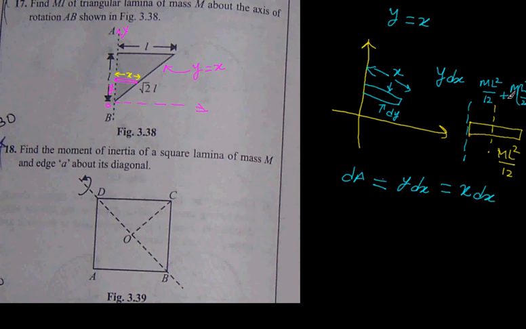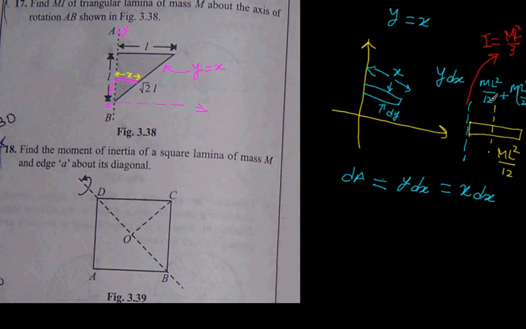What you will get is ml square by 12 plus ml square by 4, the total ml square by 3. The moment of inertia along this axis of this rectangle is ml square by 3.